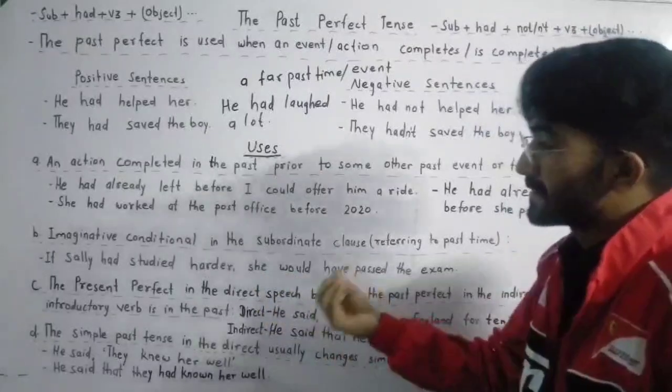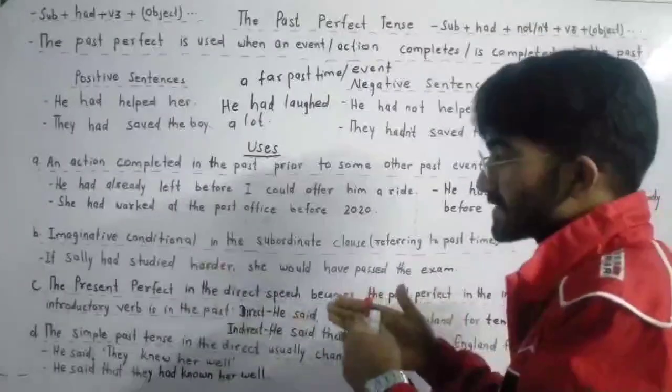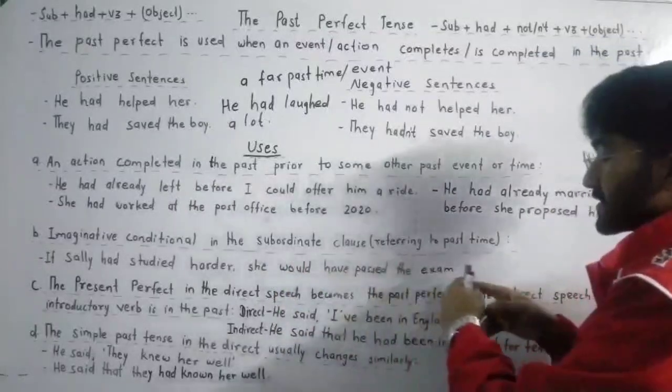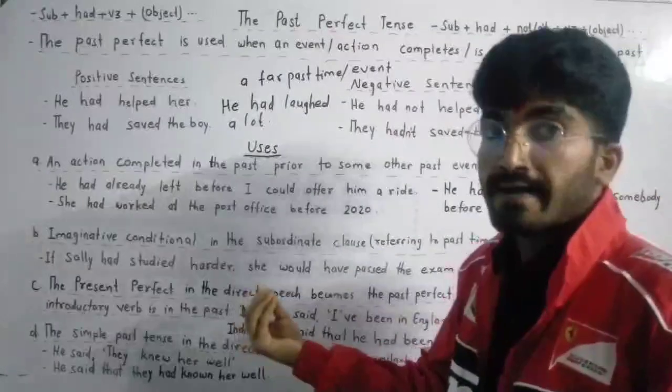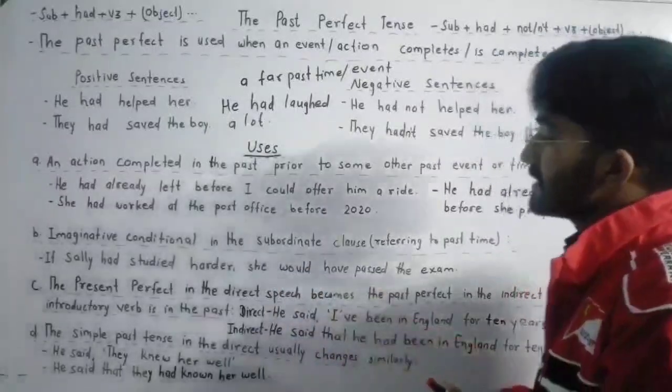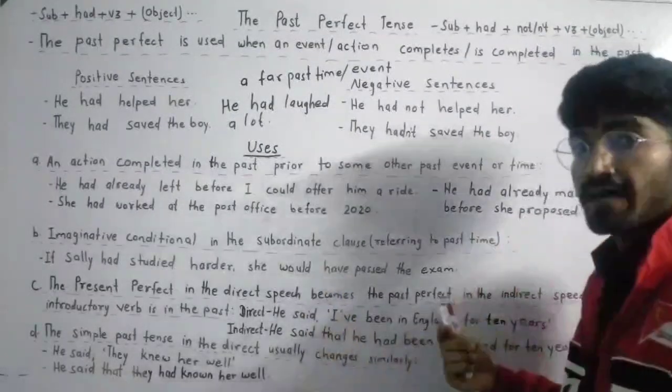We are just giving a condition through this sentence. If Sally had studied harder, she would have passed the exam. But Sally hadn't studied harder, and she couldn't pass, or didn't pass, the exam.